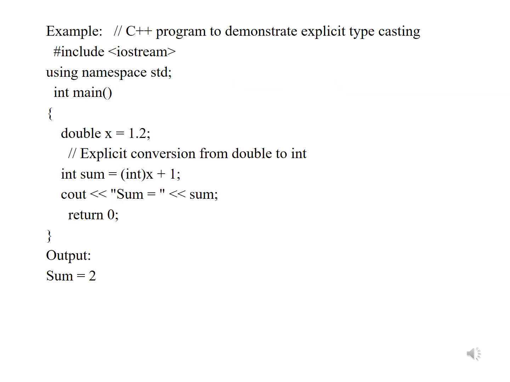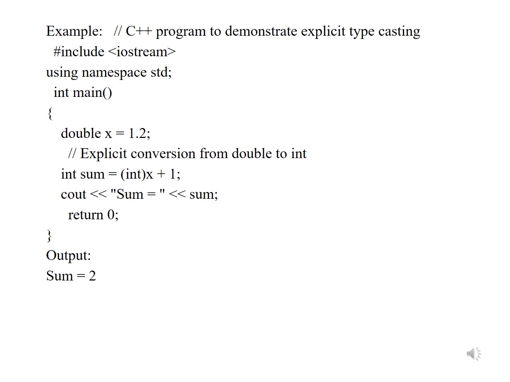Carefully observe this slide. We have given an example C++ program to demonstrate explicit typecasting. We have written #include <iostream>, using namespace std. The int main program is called, open bracket, double x is equal to 1.2, int sum is equal to int of x plus 1.